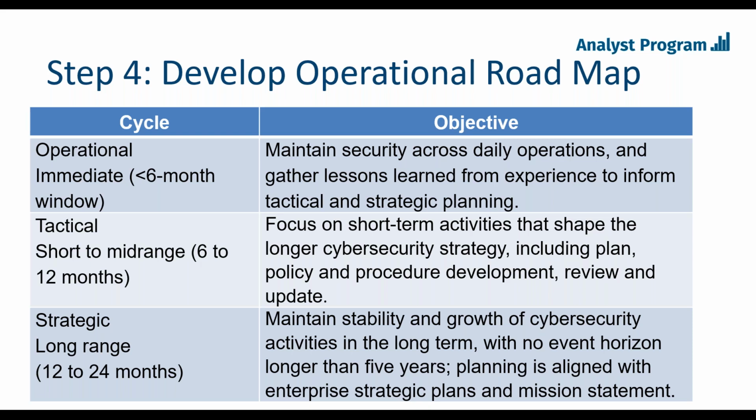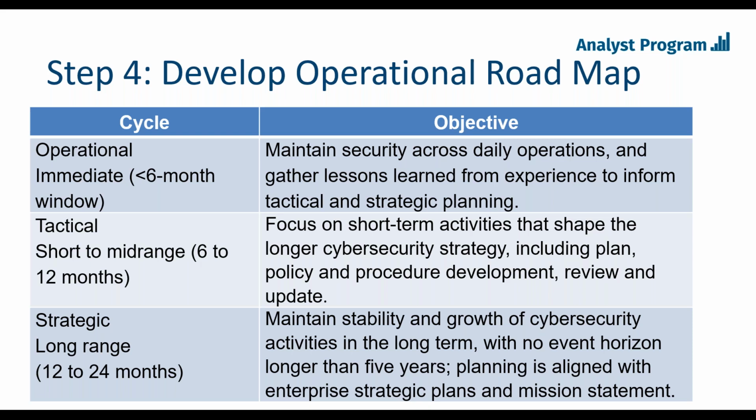But if you know where you're going with an aim point at the 12 to 24 month event horizon, it really can help. It can help maintain the stability and growth of the cybersecurity activities, and it also provides the basis for saying how your planning is aligned with your enterprise's strategic plans and mission statement.